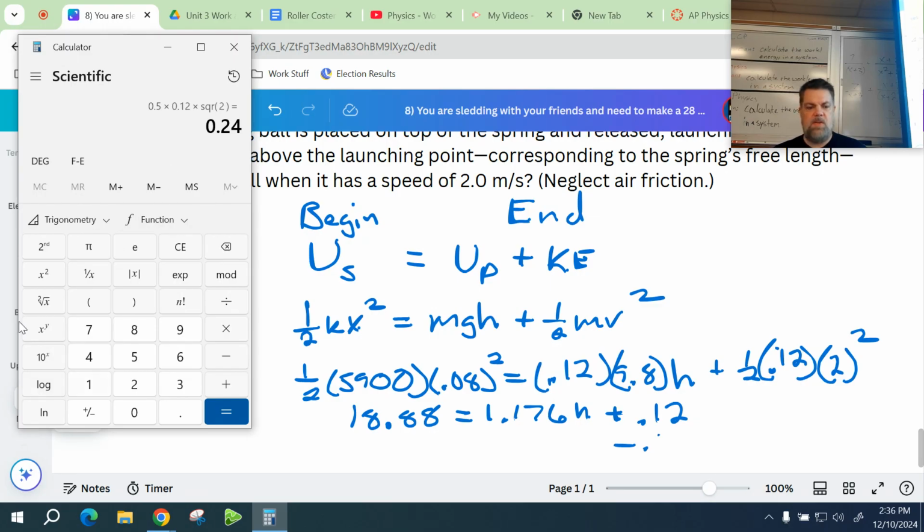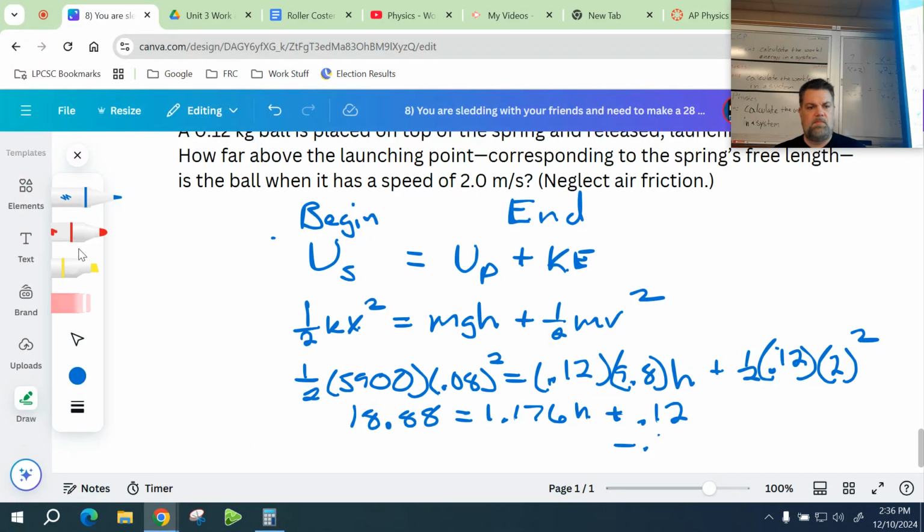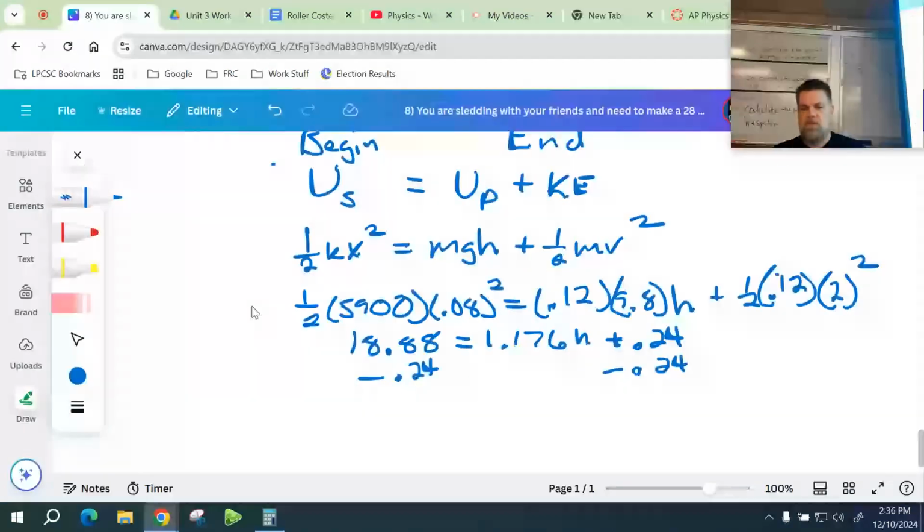So let me change that real quick. Subtract 0.24 from both sides.